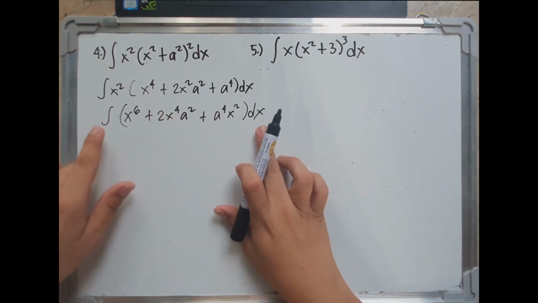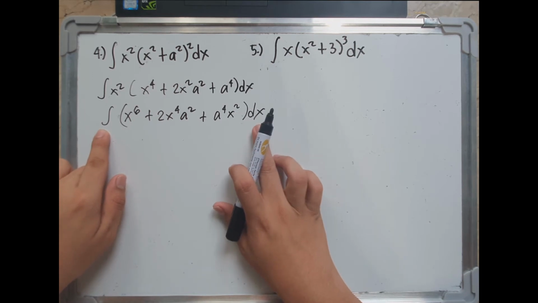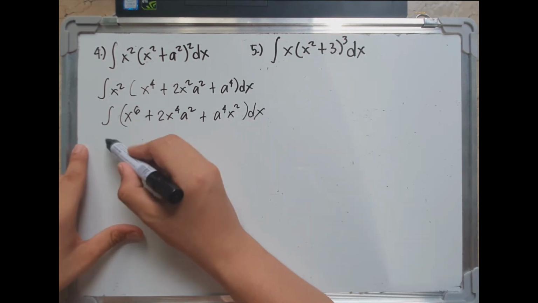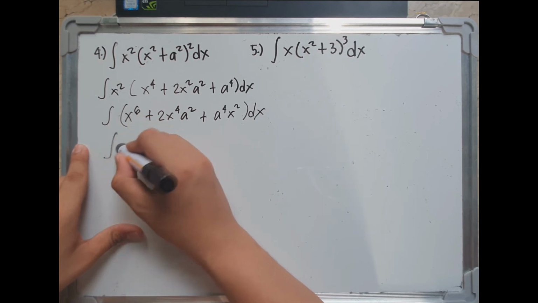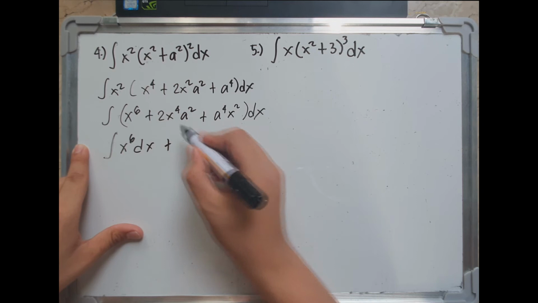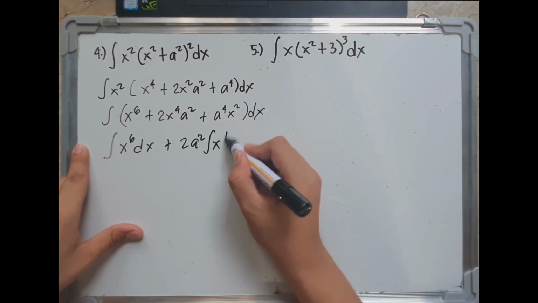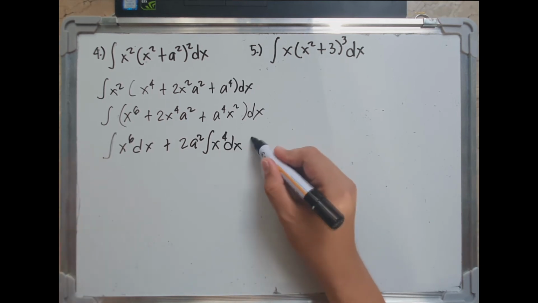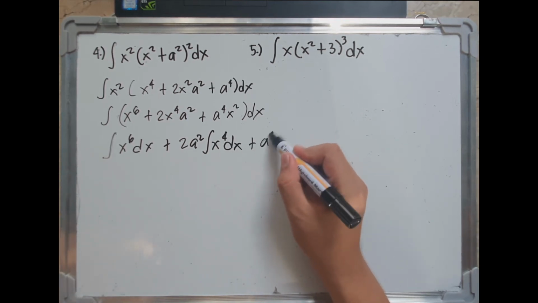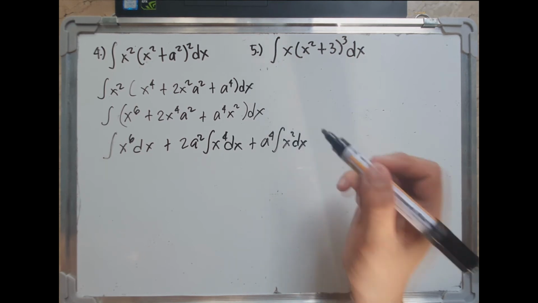So distributing the integral symbol and the dx to all our terms, we now have the integral of x to the 6 dx, the 2 is a constant, a squared is a constant, integral of x to the 4th dx, plus a to the 4th is a constant, integral of x squared dx.